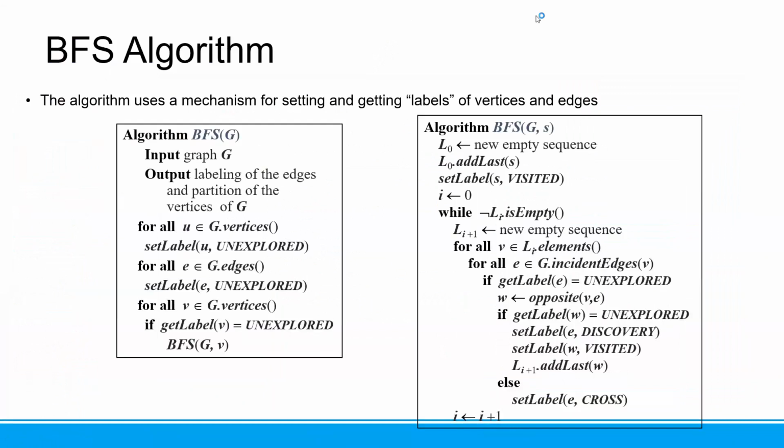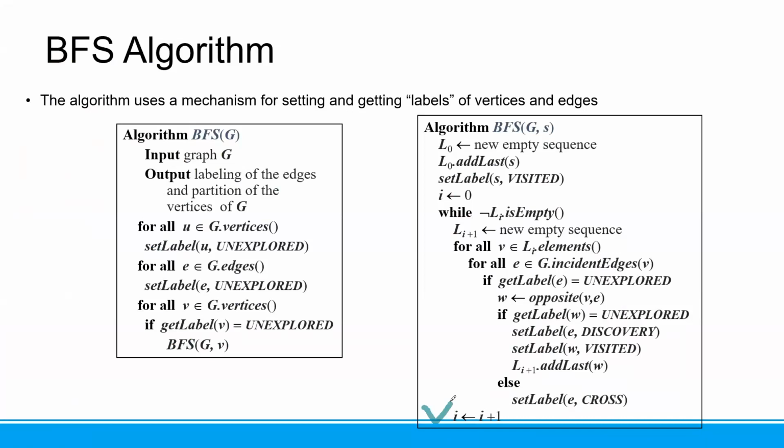Okay, because everything in A has been visited, so now we are visiting the i, which is 1. When i equals to 1, we will check while L1 is not empty, because we have B and C and D. So it is not empty. So we want to check for all the elements. Okay, so we will start with B.